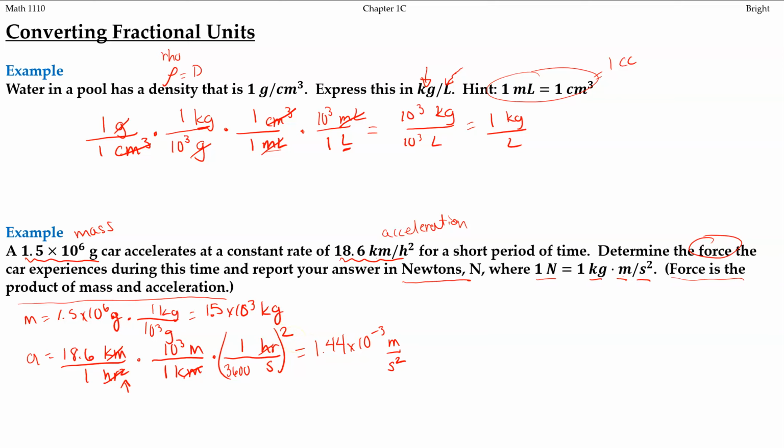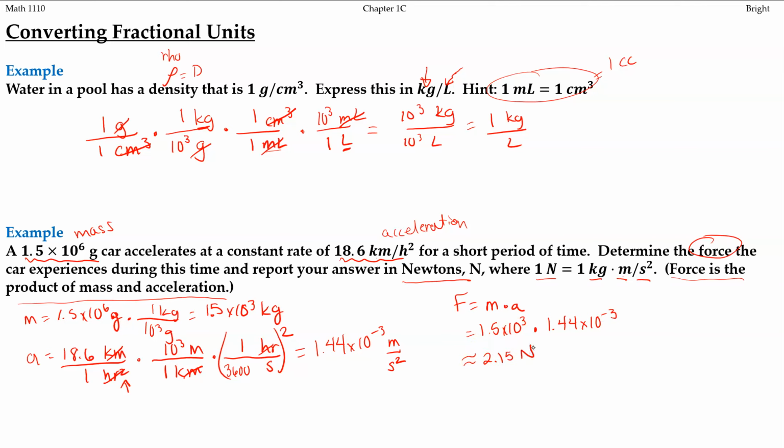Finally, I've found the mass and the acceleration, and then force. To get the force, I just have to take mass times acceleration, which is 1.5 times 10 to the third times 1.44 times 10 to the minus 3, and I'm approximating this as, when you do the math, 2.15 newtons.